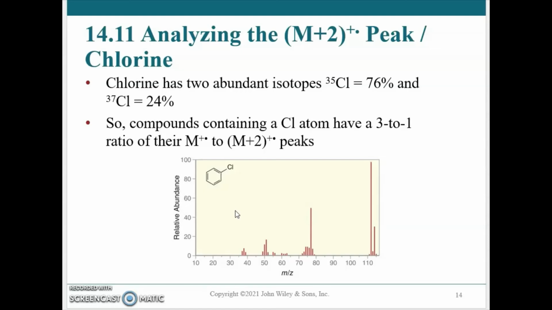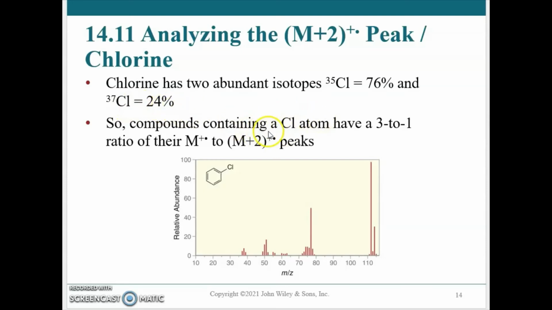There are a few other diagnostic isotopic ratios that you should commit to memory. And one is the chlorine isotope ratio. Chlorine has two abundant isotopes. Chlorine-35 is 76%, and chlorine-37 is 24%.